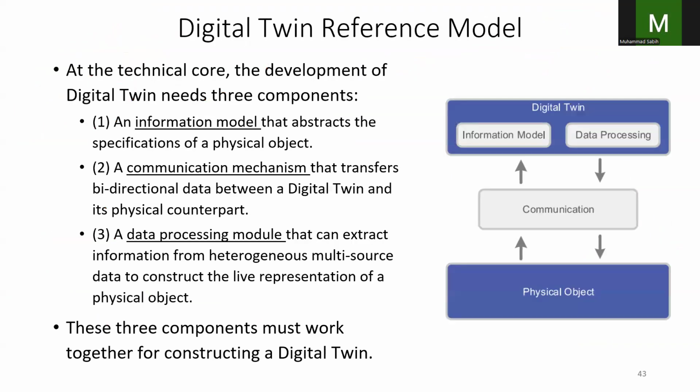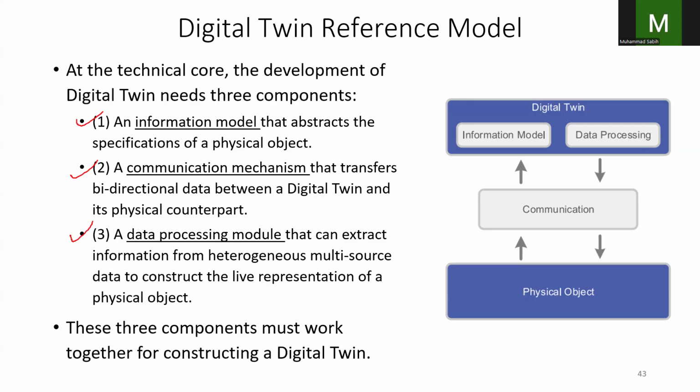Okay, right. So to technically build a digital twin, there are three core components that must be integrated, and they work together. The first one is the information model. This is like a blueprint, and it captures all the specifications of the physical assets: dimensions, behavior, material properties, and operation logic.